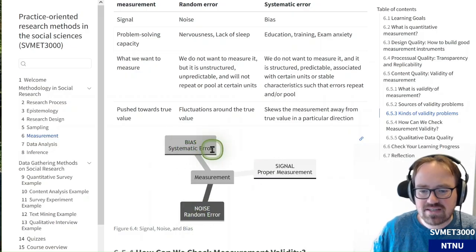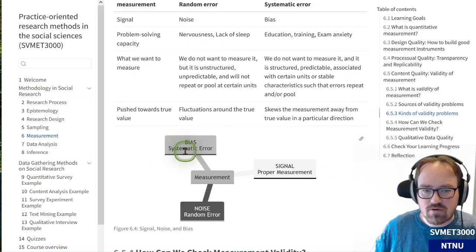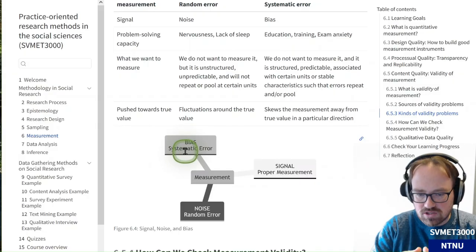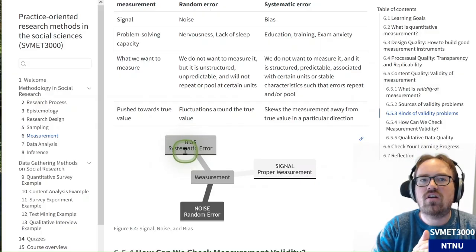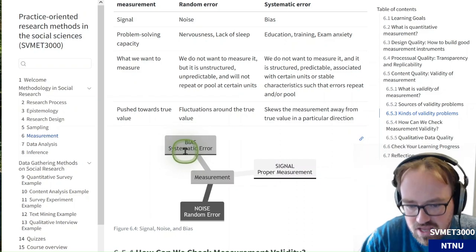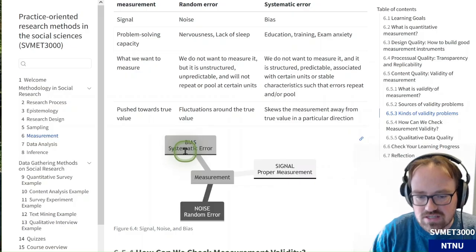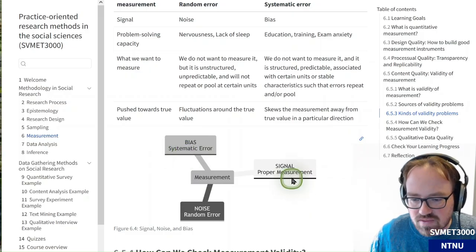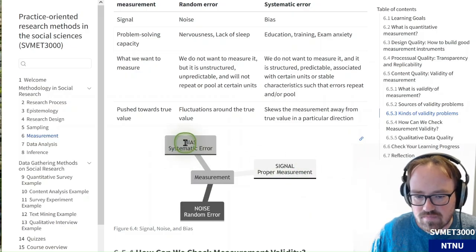Bias, or systematic error, is error that is pooled in some way, that we cannot predict where it happens. It may skew the data in a certain direction and suggest a data signal that isn't really there. So this is a big problem, such a systematic error.